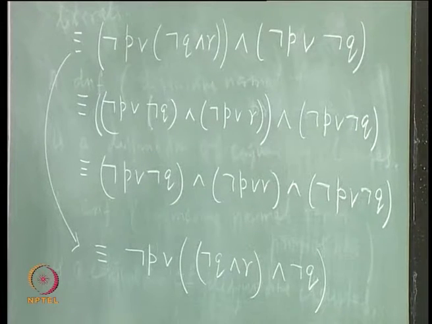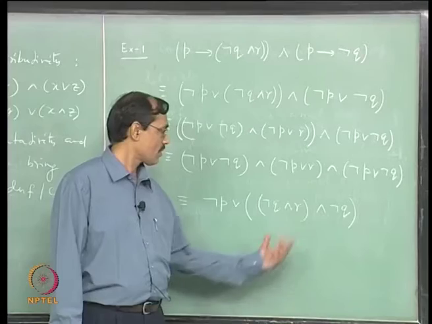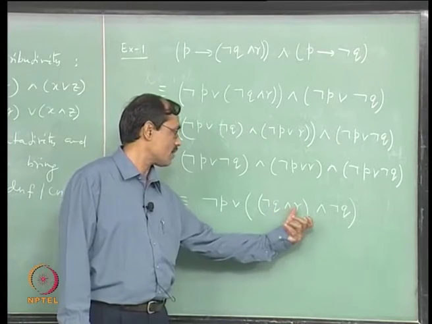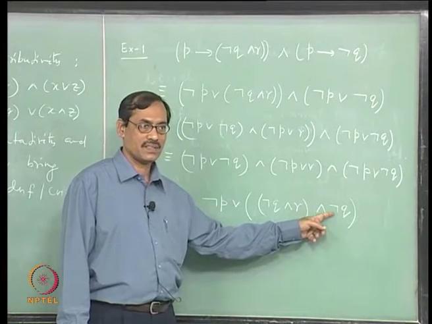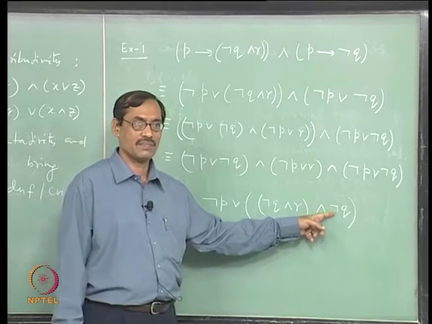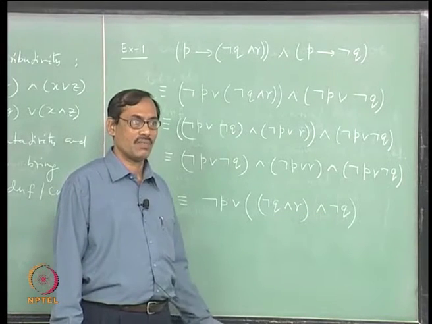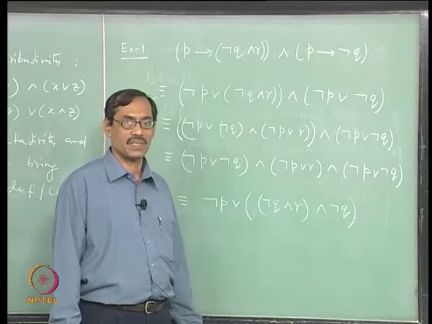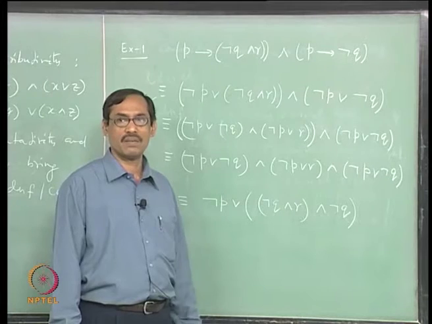Okay. Now, what should you do? This one not q and r and not q. So, you use the law of idempotency, which is not specified in the algorithm. Algorithm does not need it anyway, but if you know some laws of absorption, laws of idempotency, they will help you in simplifying the CNF or DNF.